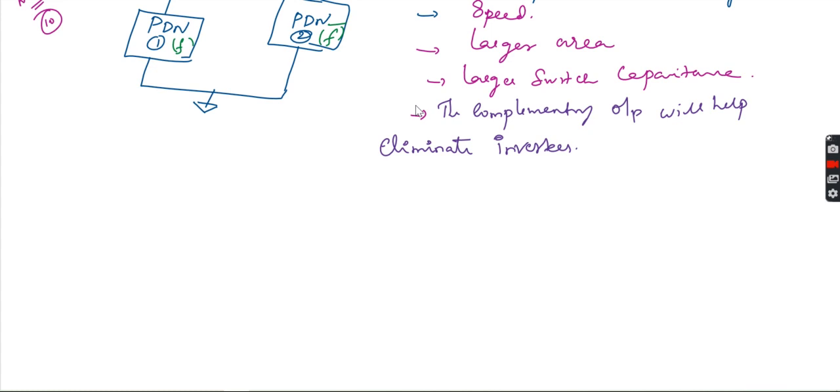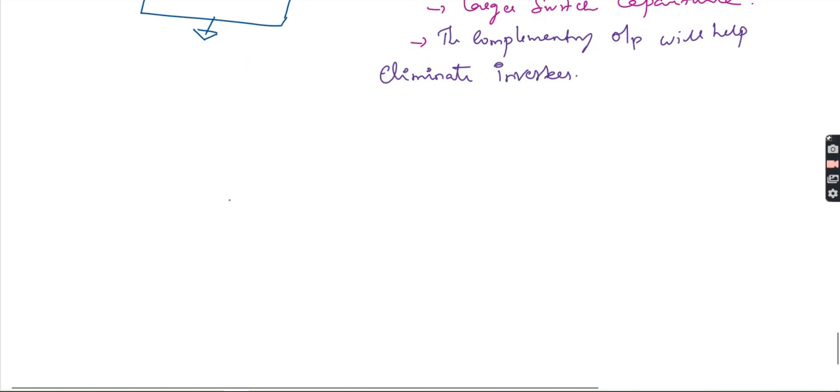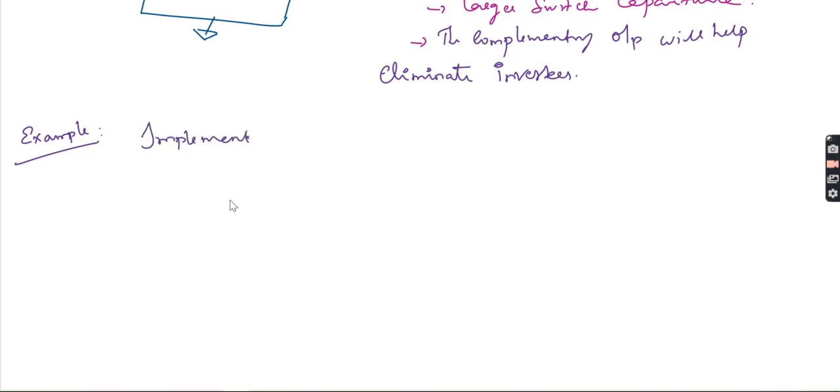So now let us implement a function. Let us go for the first example: implement a two input NAND gate.